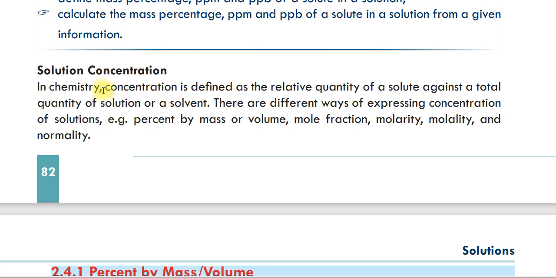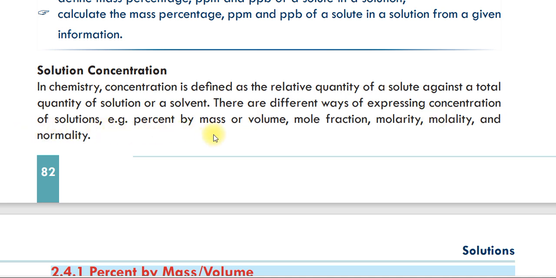እንግዲህ እዚህ ጋር ተመልከቱ። concentration ማለት በኬሚስትሪ ተርም ዲፋይን ሲደረግ it is a relative quantity ማለት አንጻራዊ መጠን የማንና የማን የሶሉቱ ከሶልቨንቱ ጋራ ያለው relative quantity that is called concentration እንለዋለን ማለት ነው። There are different ways of expressing concentration of a solution.